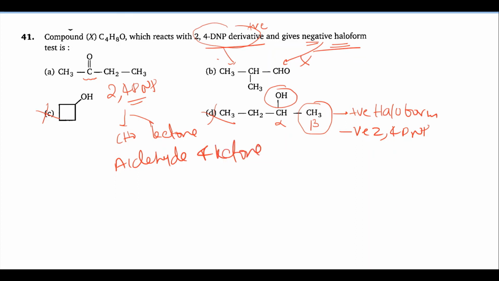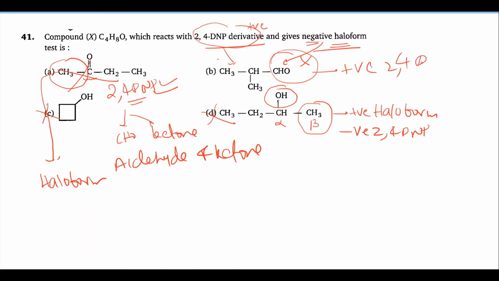So this gives a positive 2,4-DNP test, but it also gives the haloform test. Please observe that. So this option is also not possible, but our condition is that it should give 2,4-DNP and not haloform. So if you check option B, an aldehyde is there, so this gives a positive 2,4-DNP test.